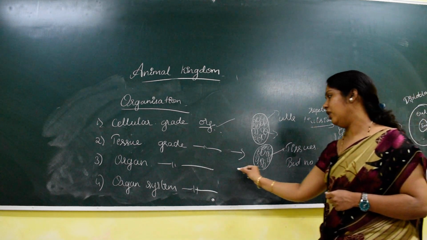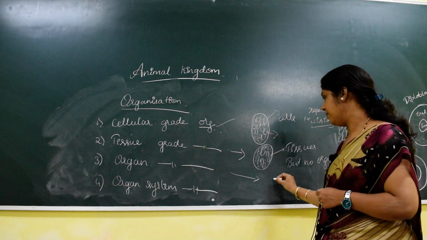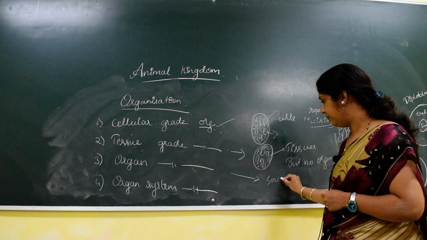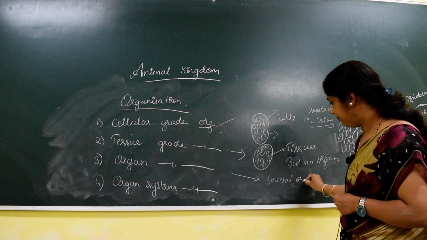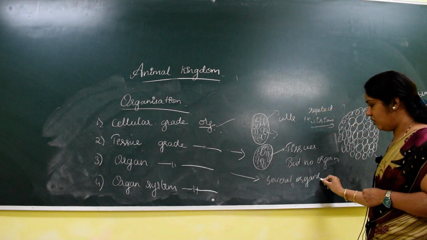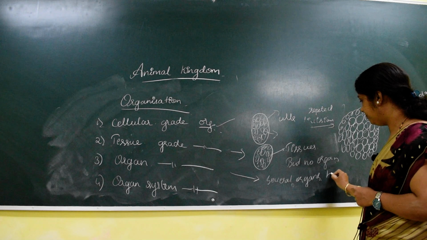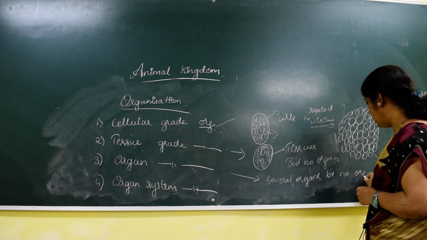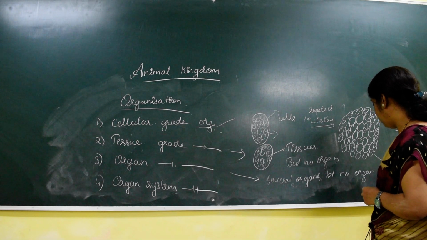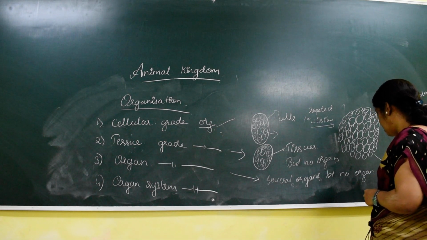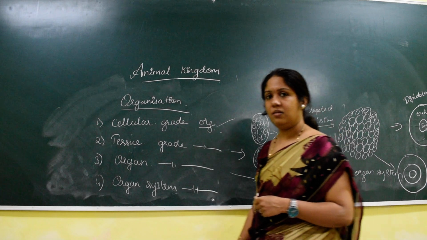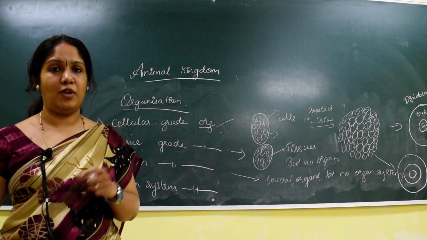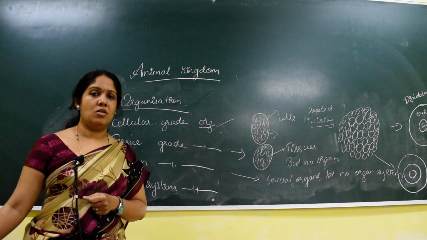Next, organ grade of organization means the organism consists of several organs. Several organs are there, but there is no organ system. I have already discussed organ system. It is a system which correlates a number of organs to form one system. Understood?